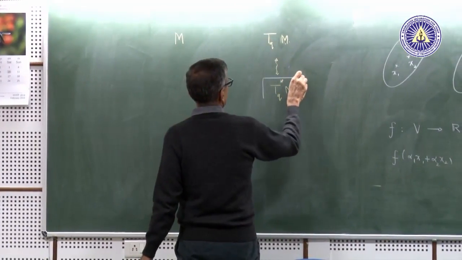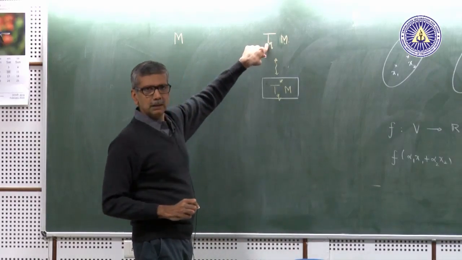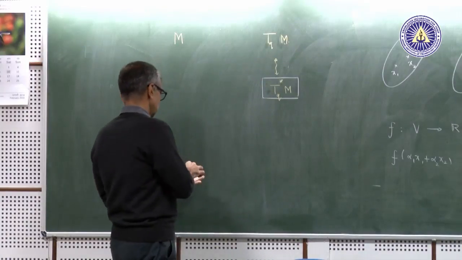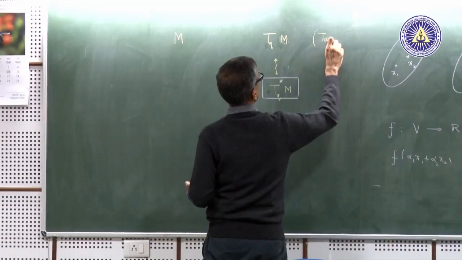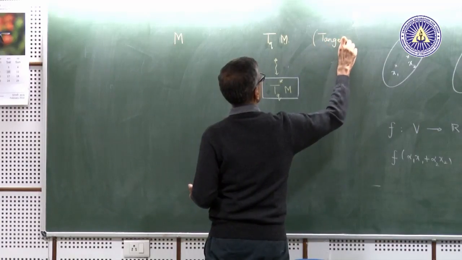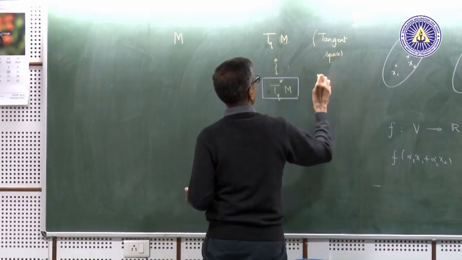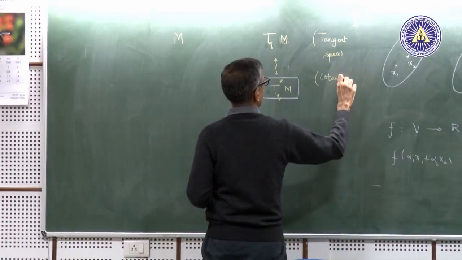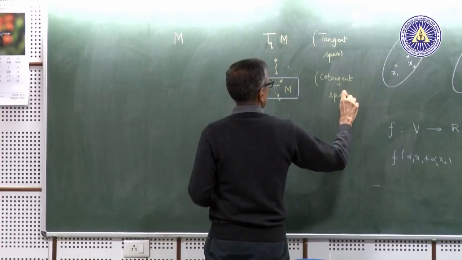So dual to the tangent space is a vector space called the cotangent space. And why do we need the cotangent space?